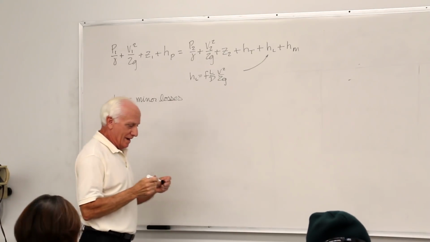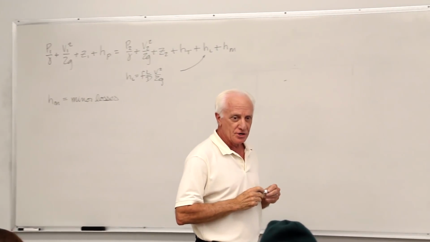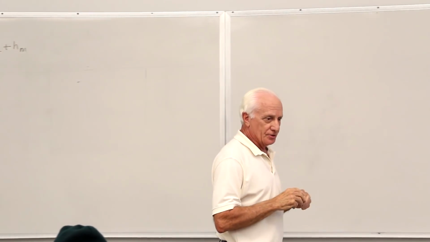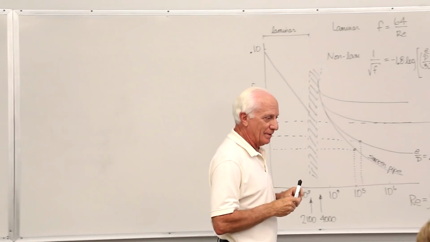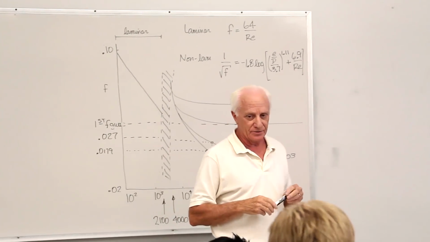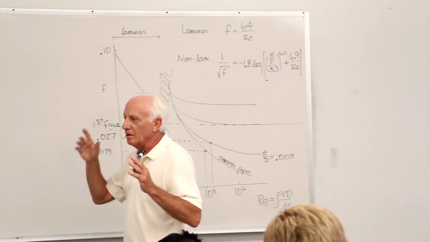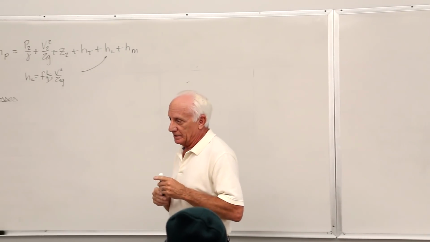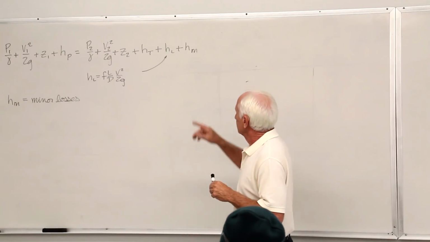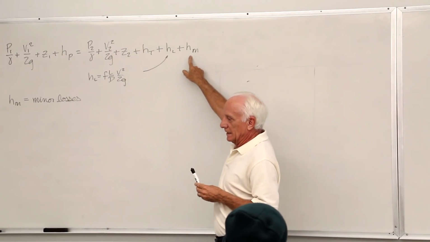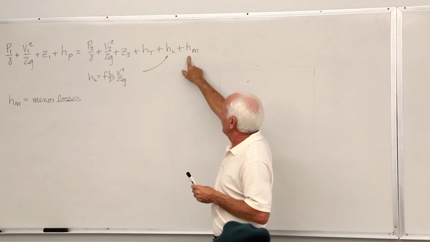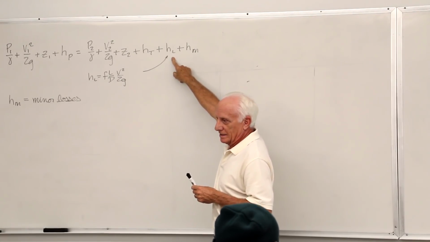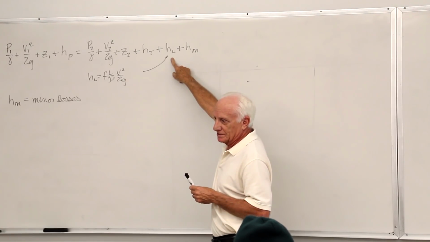The reason why it's called minor losses is because for most large piping systems, those losses are somewhat minor compared to the straight pipe friction losses, H sub L. Normally in a big pipe network, maybe a petrochemical plant, maybe a steam power plant, these are much, much less than this one, which is a straight pipe friction loss.